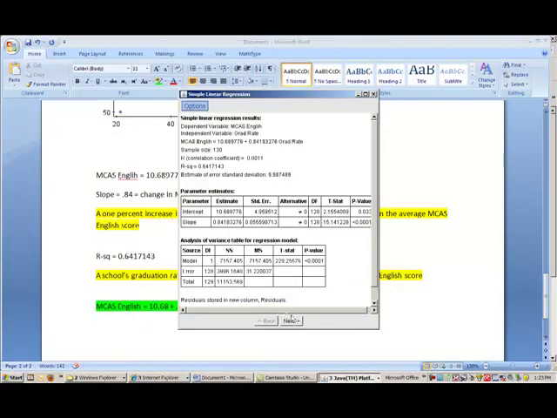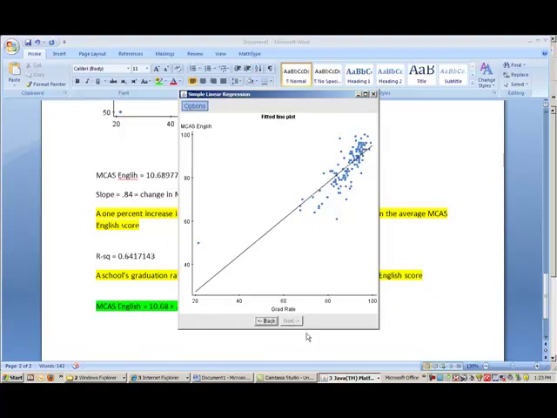If we go back to the dialog box that displayed the simple linear regression analysis, you'll notice there's a Next at the bottom of that. Let's click Next, and there we have the fitted line superimposed on the scatter diagram.